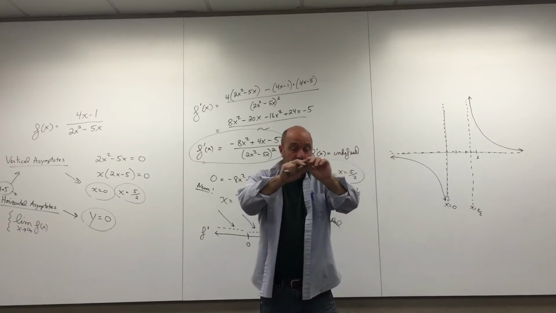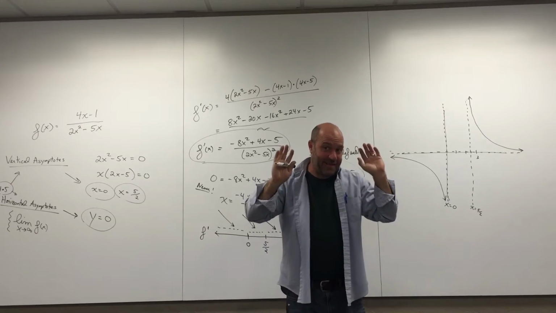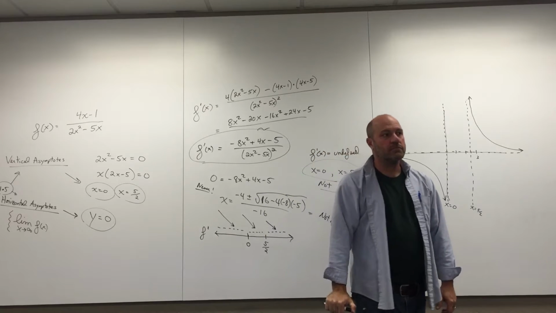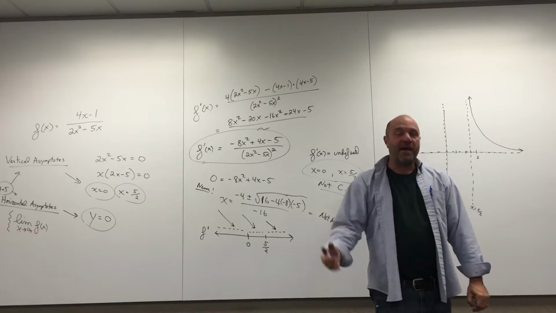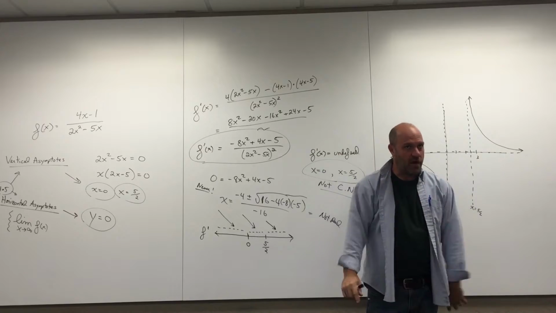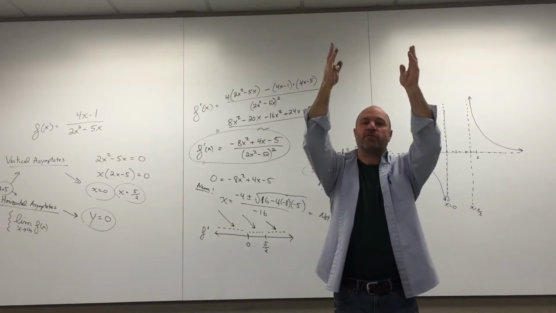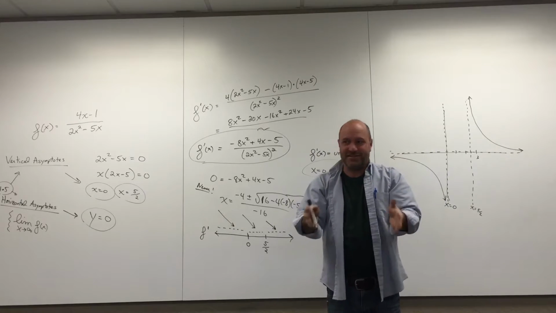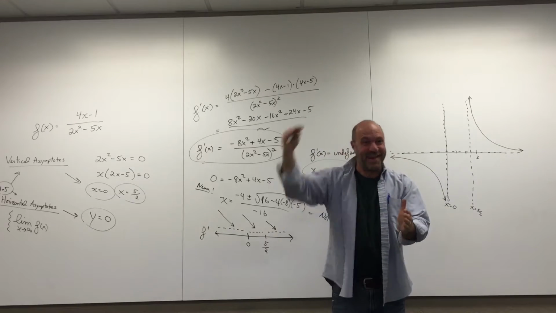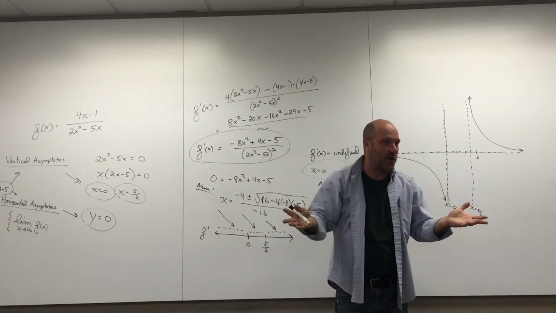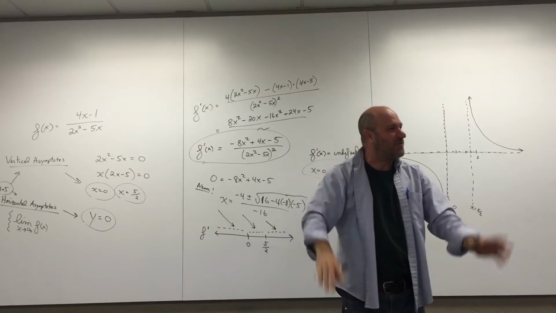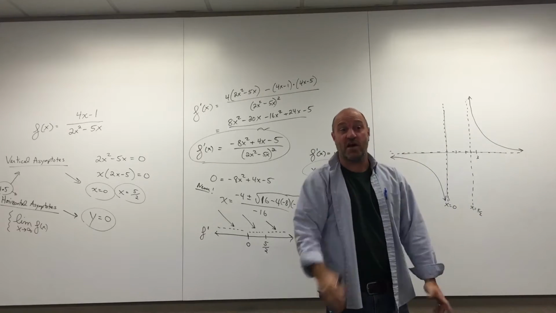I have this discussion with students all the time. Listen, you never cross a vertical asymptote because it's a place of undefinedness. You can't cross a vertical asymptote. But horizontal asymptotes are different. You can cross horizontal asymptotes.